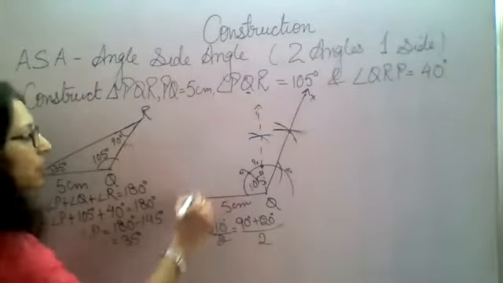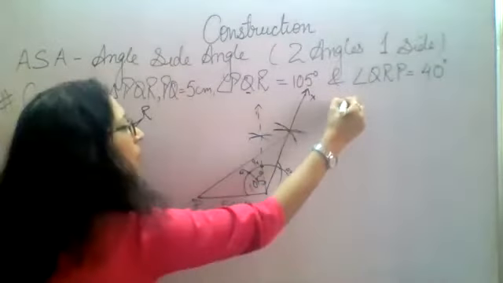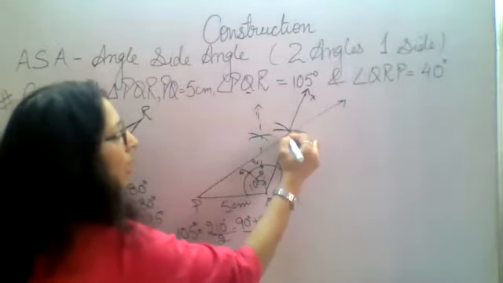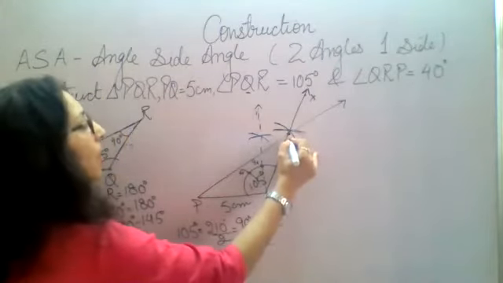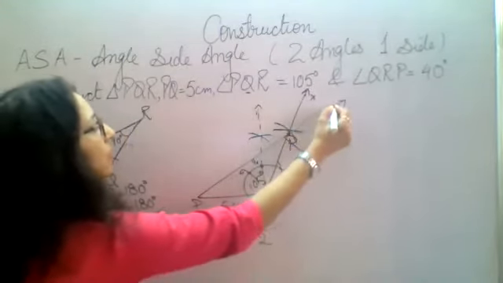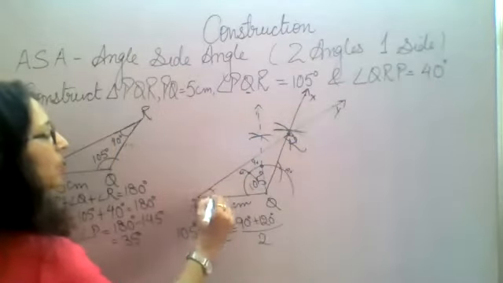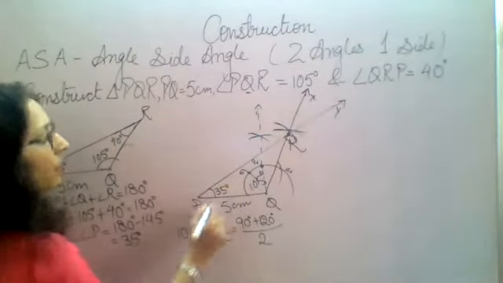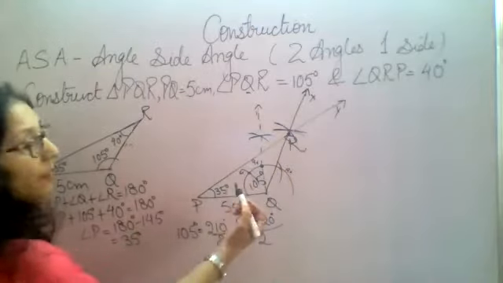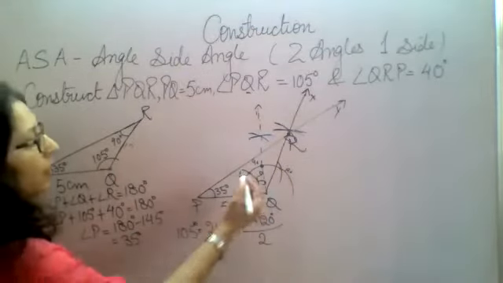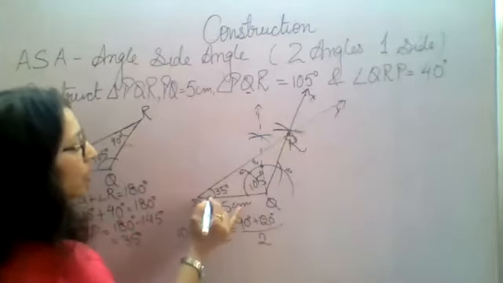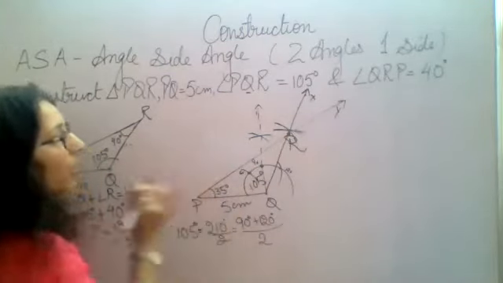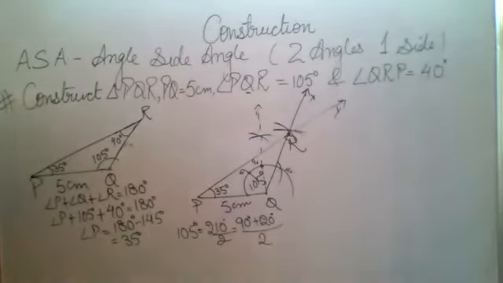And which will cut this ray at this point, which will be your R point. This is Y. And this will be your 35 degree. This is coincidence because I have not used protractor and compass. So it can be down, it can be up. So this is your required triangle PQR.